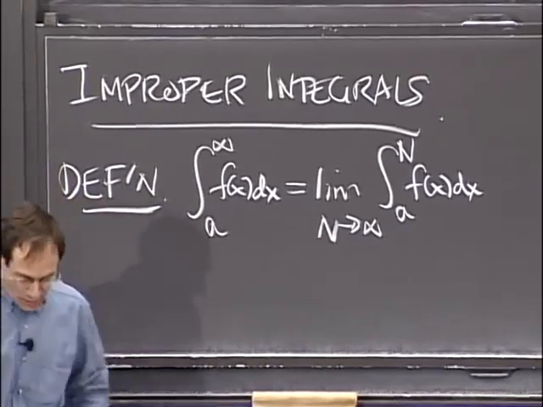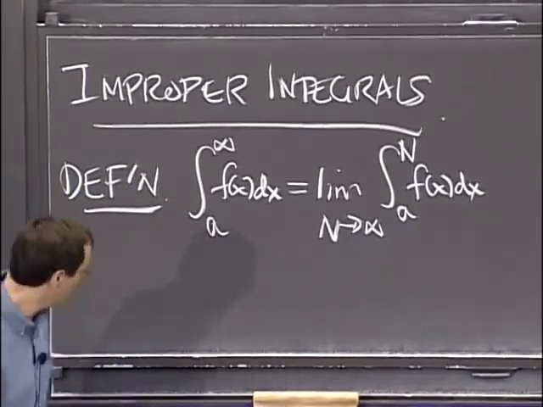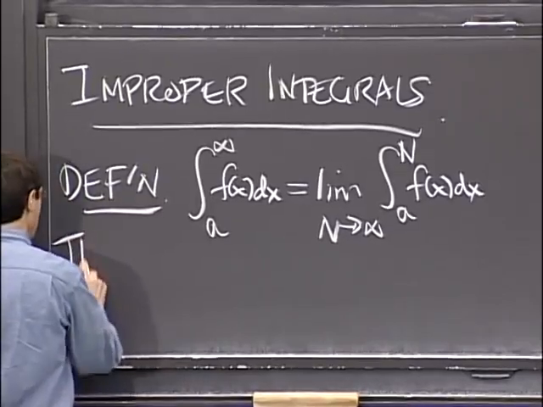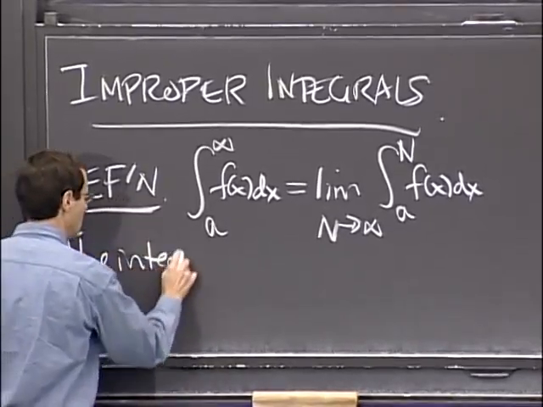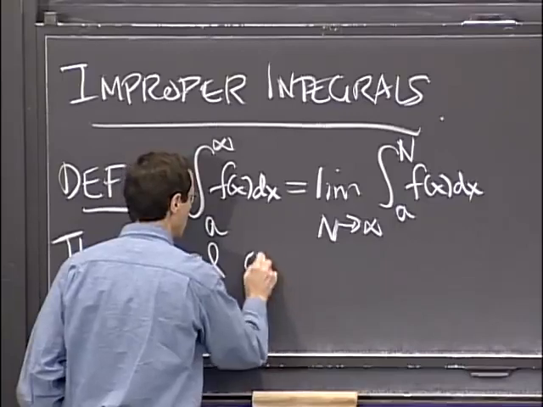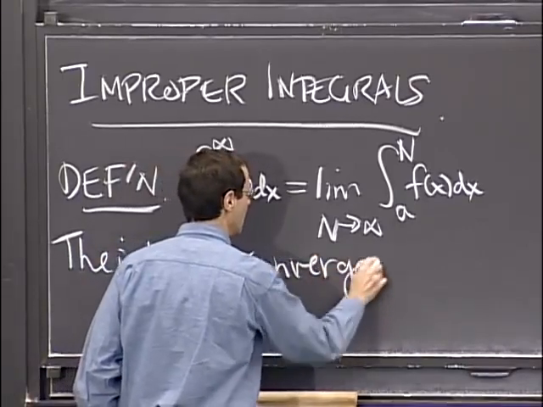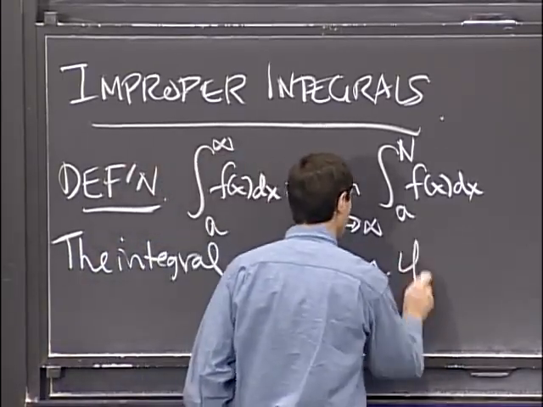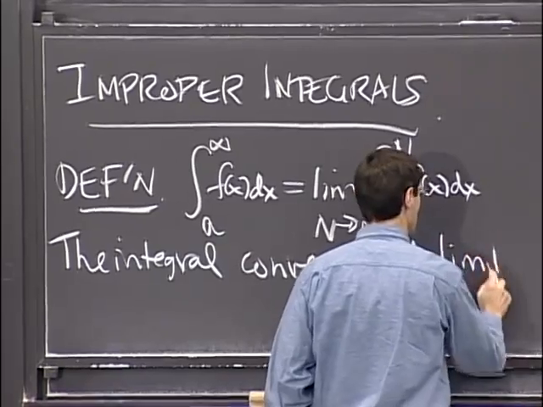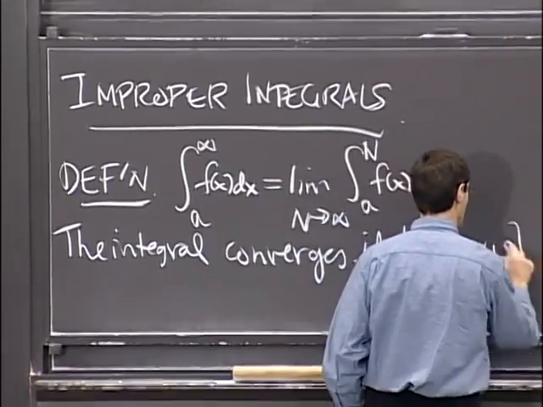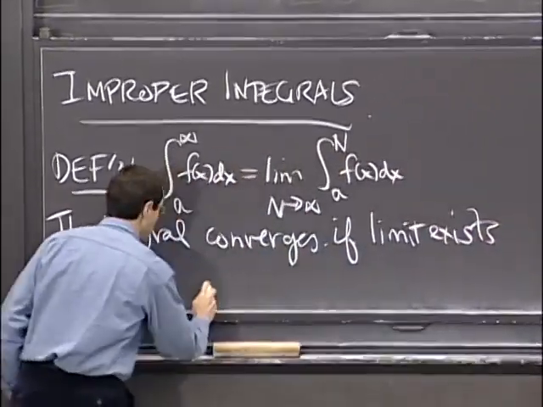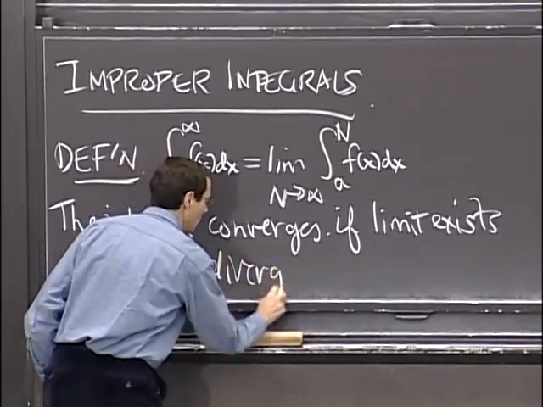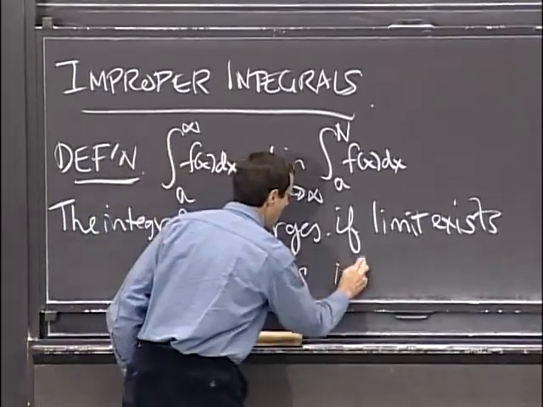And there's a word that we use here, which is that we say the integral, so this is terminology for it, converges if the limit exists and diverges if not.